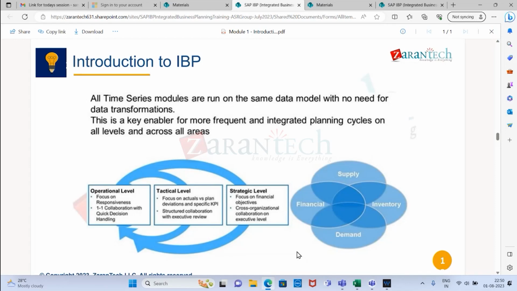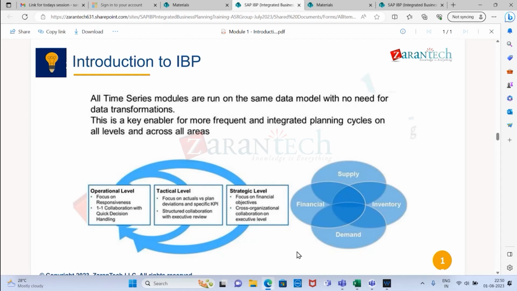The levels on which the IBP works are basically the operational level, tactical level, and strategic level. The operational level is basically the operations team involved in the actual execution of the products' manufacturing, the operators.